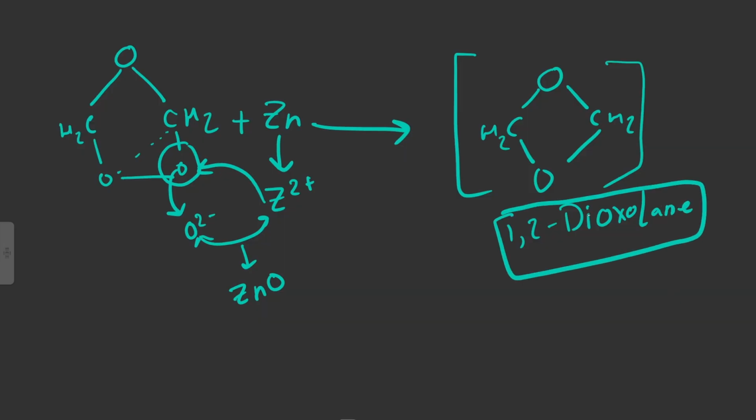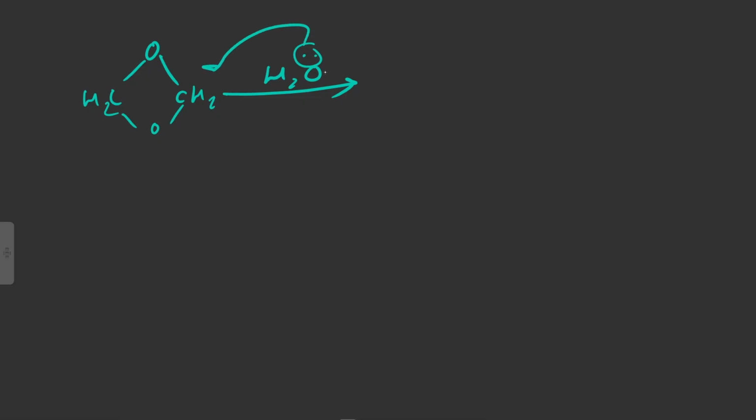We don't want 1,2-dioxolane. We want an aldehyde or a ketone. So what do we do? We hydrolyze it. We add water to it. And when we add water to it, the lone pair will attack here, and we will get a double bond over here, and H over here, and H over here.